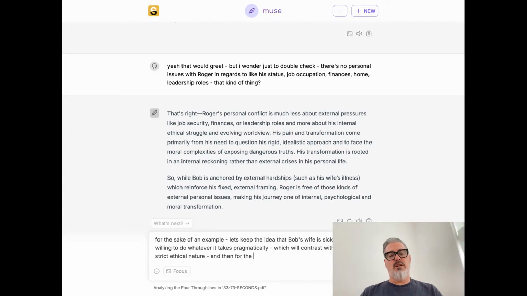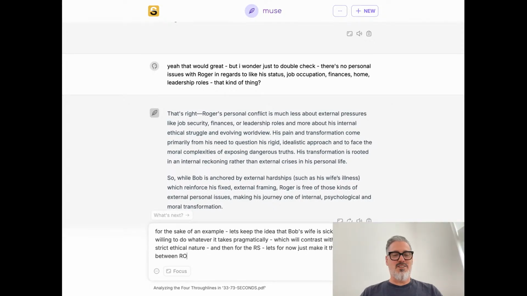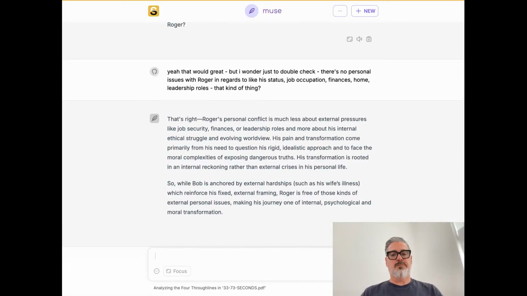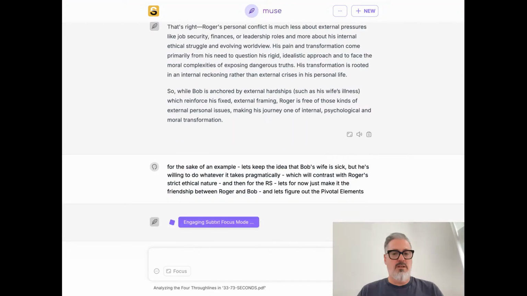And then for the relationship story, let's for now just make it the camaraderie, friendship between Roger and Bob. And let's figure out the pivotal elements, because once we have that, we probably have enough for an entire story form here.